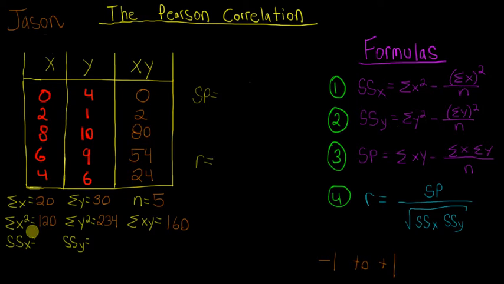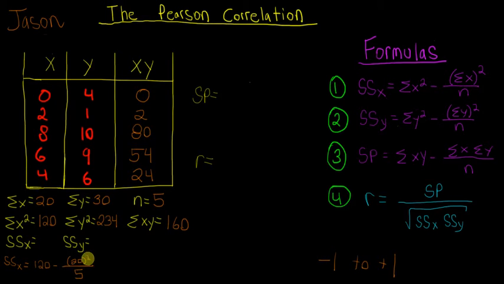And good thing we did these descriptive statistics ahead of time, because now we can just simply plug them in. I'm going to write this out here. SSX equals the sum of x squared, which is 120, minus, and then in brackets we put 20 squared over n, which is 5.